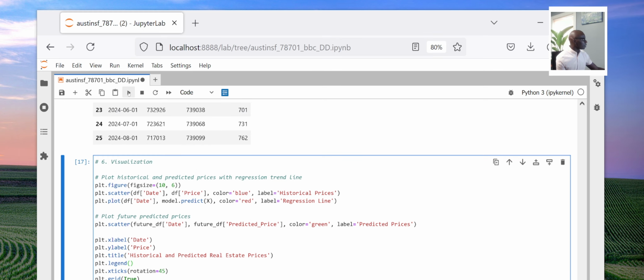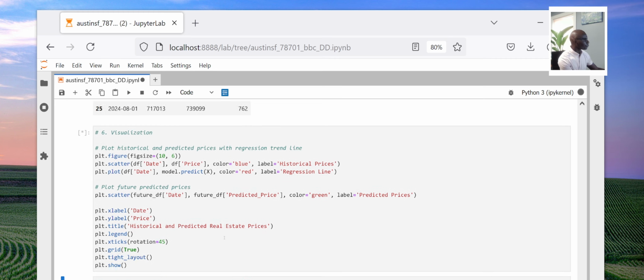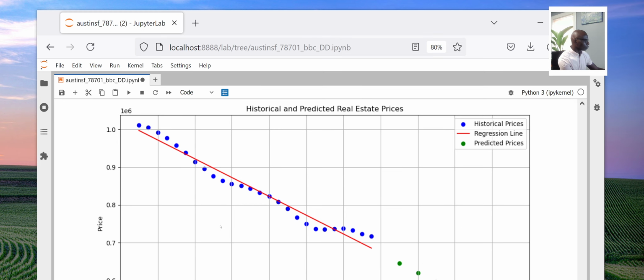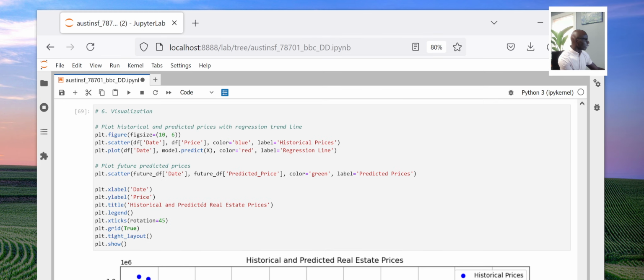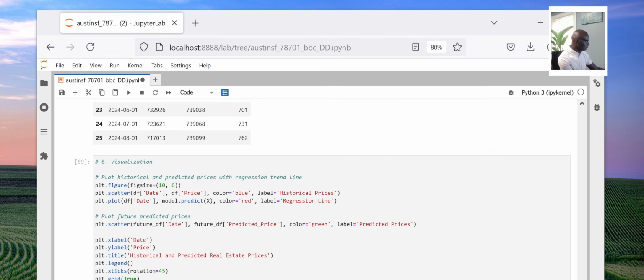More visualizations. So what I did with this last prediction and regression visualization was to predict all the future use cases. So for instance, November 1st, January 1st, 2025, March 1st, 2025, etc., just to give the complete picture of what that would look like to the rest of the project team and our end users.